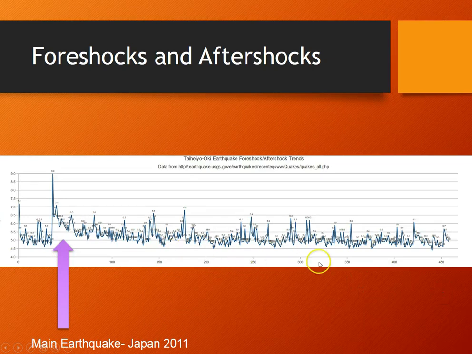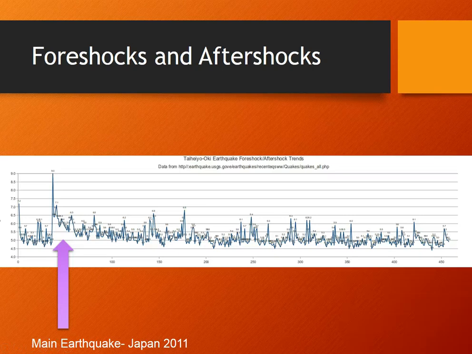The numbers are just sequentially graphed. Over here on the left, these are the magnitudes. So this really big one up here that's labeled 9.0, this is the main quake or the main shock. So that is the earthquake. And it's defined as the earthquake or the main one because it's the biggest.